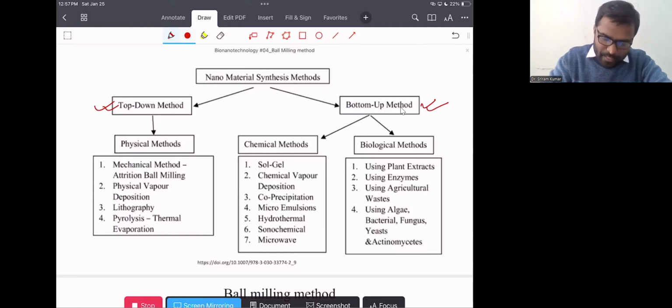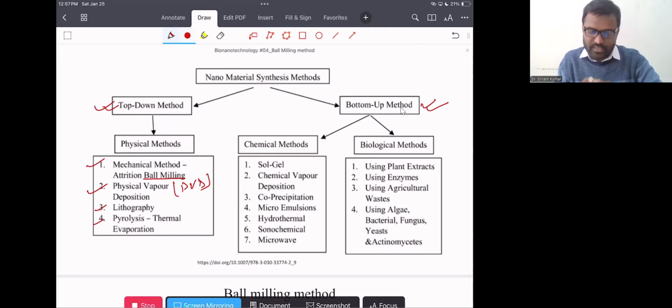For example, mechanical methods like the ball milling method. The second important technique is physical vapor deposition, the PVD technique. Then lithography, and we can use pyrolysis and thermal evaporation techniques.